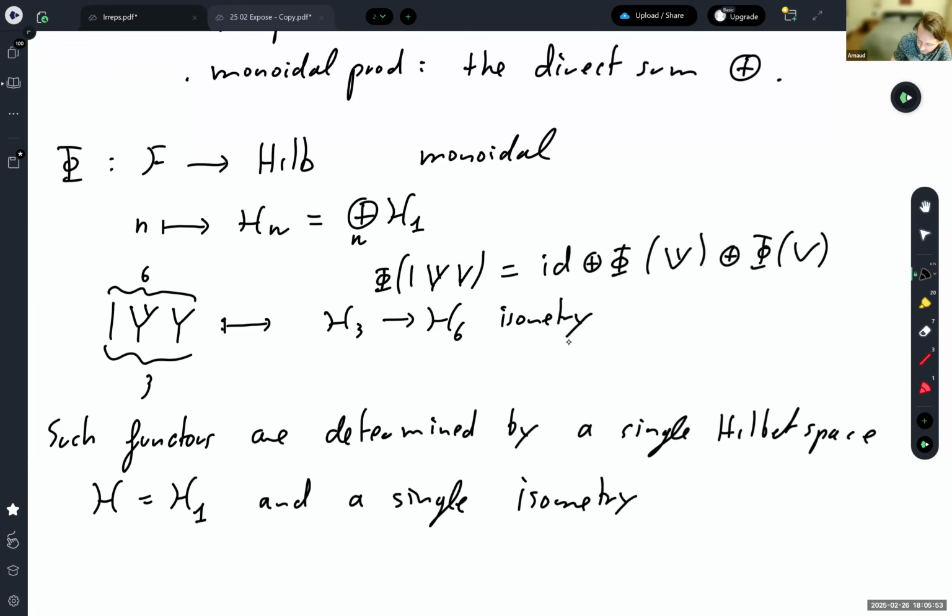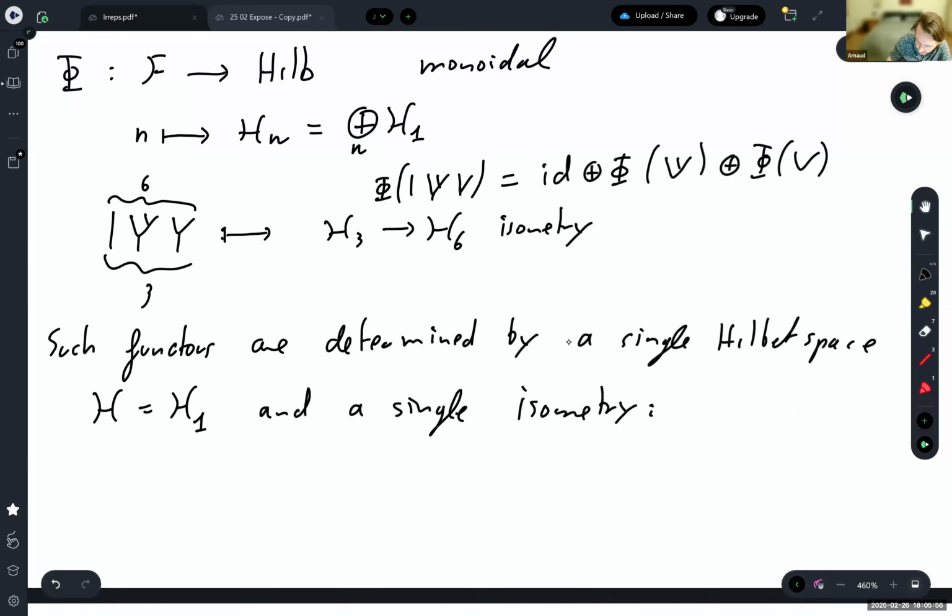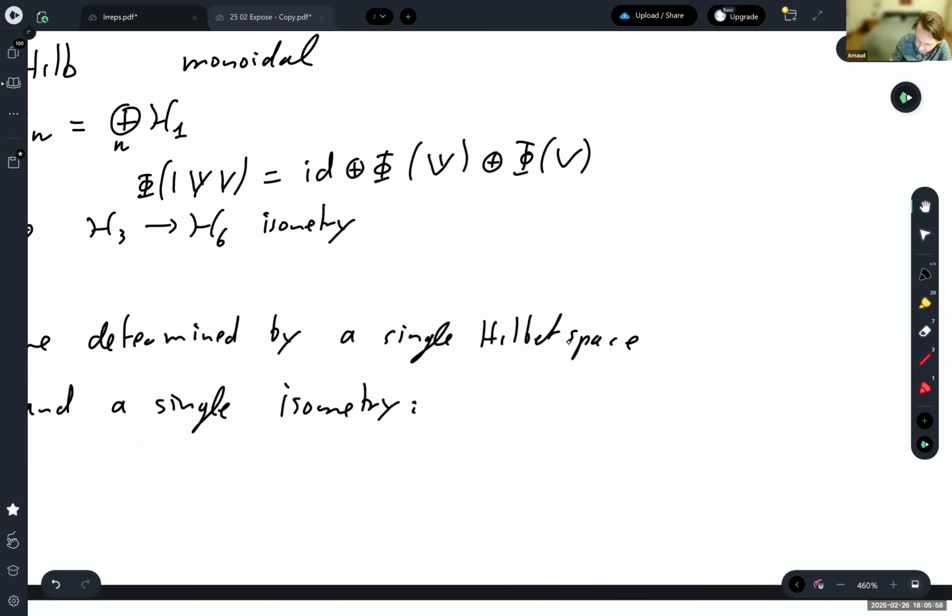By isometry, I mean linear isometry all the time. And this isometry is going to go from H to H plus H. And that's the phi of that, in fact.